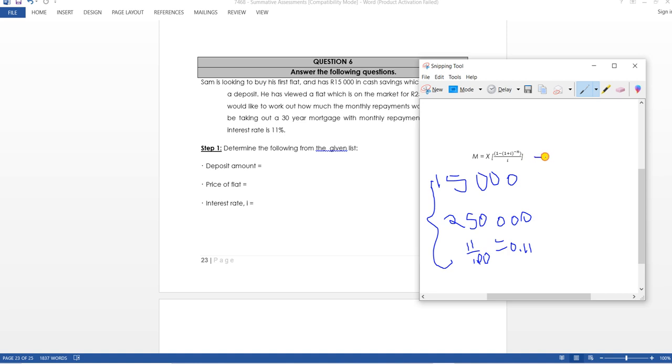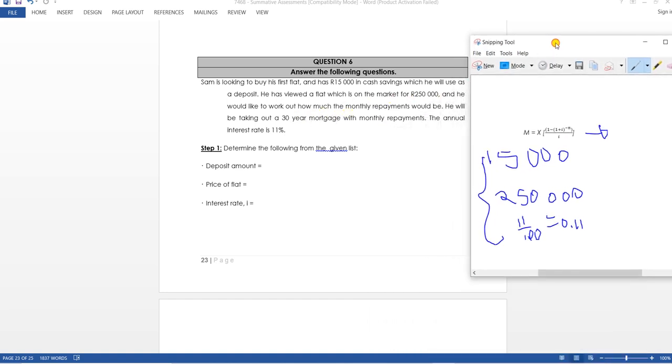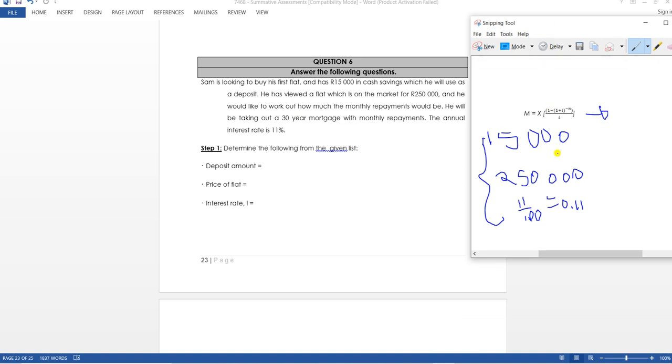So using this, you'll have to substitute everything in order to determine how much the monthly repayment would be. So we're looking for the monthly repayments. Yes, you can use this by determining the monthly payments.